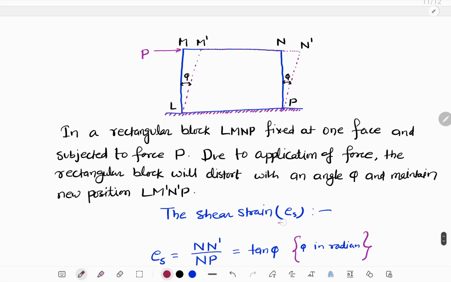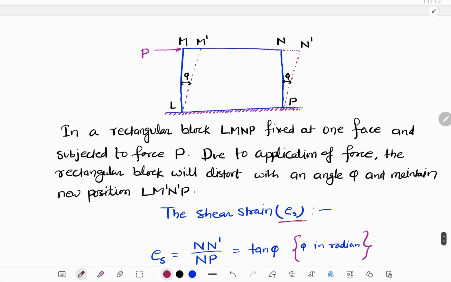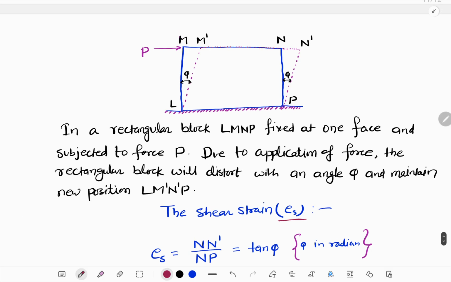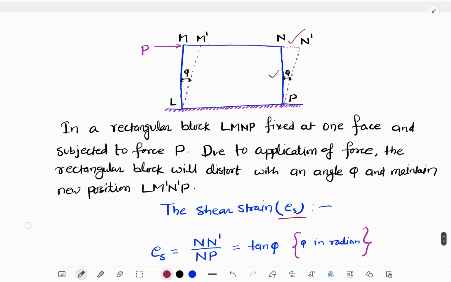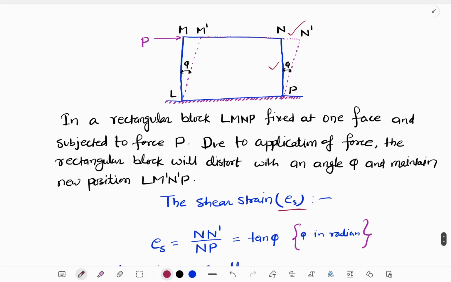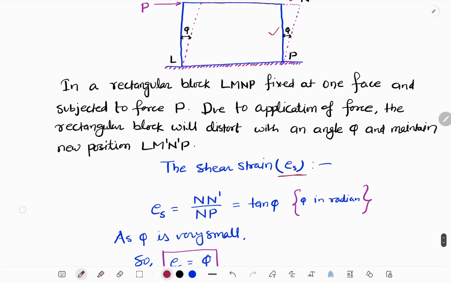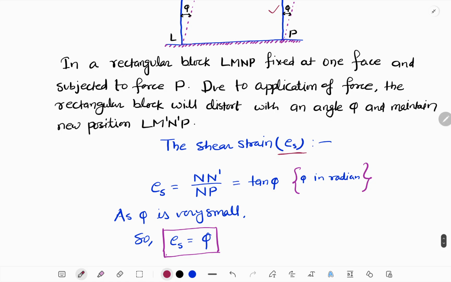So here we indicate shear strain as ES. ES is equal to phi, which is N N dash divided by NP, and that is equal to tan phi. We take phi in radians, and phi is very small, so we consider tan phi equal to phi.